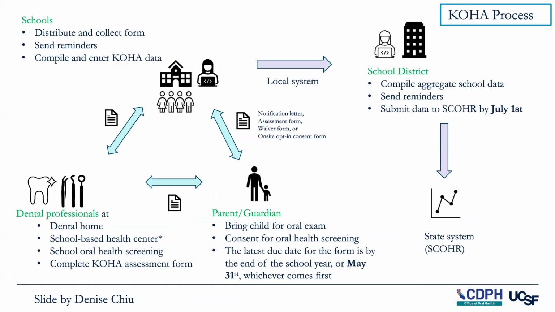At the top, schools distribute the form, collect the form, and enter the data. Following the purple arrow to the upper right, districts compile all the collected data and submit it into SCORE by July 1st. Everyone has a role to make this process smooth and effective.